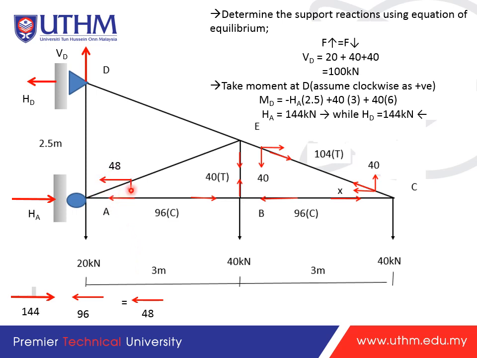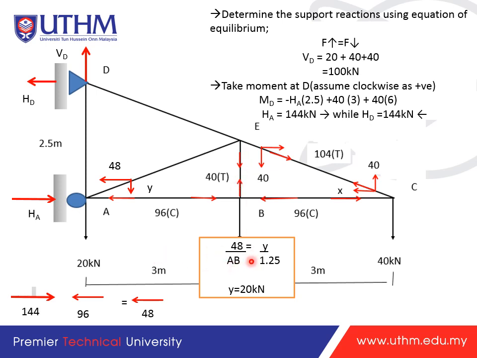Okay, and this one will be Y. So Y you need to find. So how to find it? Similar to these parts. From here we have 48 over AB, which is because AE, so we need to take the length from this one to E, which is 3 meters.